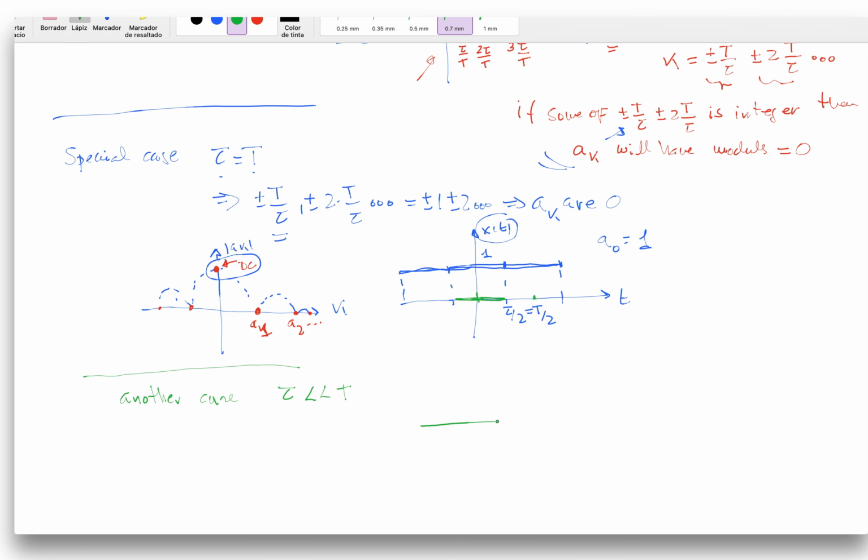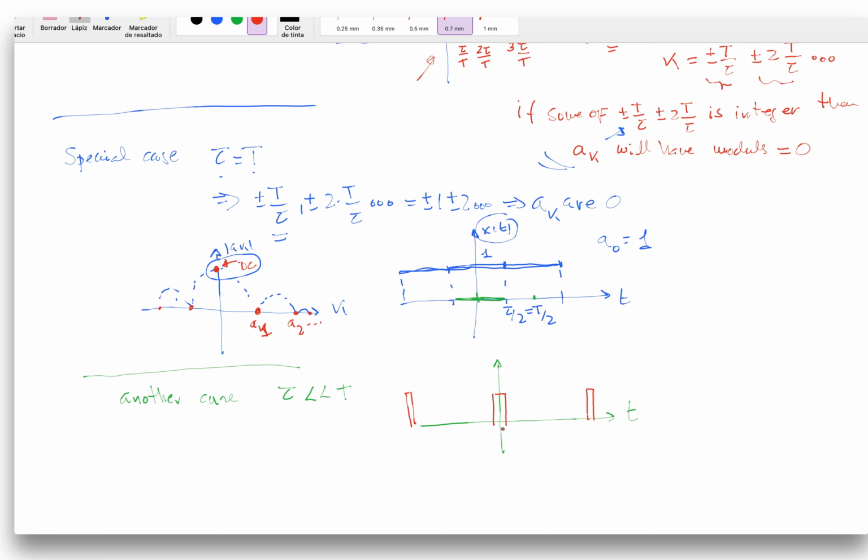So in this case, the signal, how would it look like? It will look like this. You will have, for example, a fundamental period which is very slim, very slim, you can see here, because tau is very little, and then the next one will be very far away. It will be like here, and the other one here, okay?